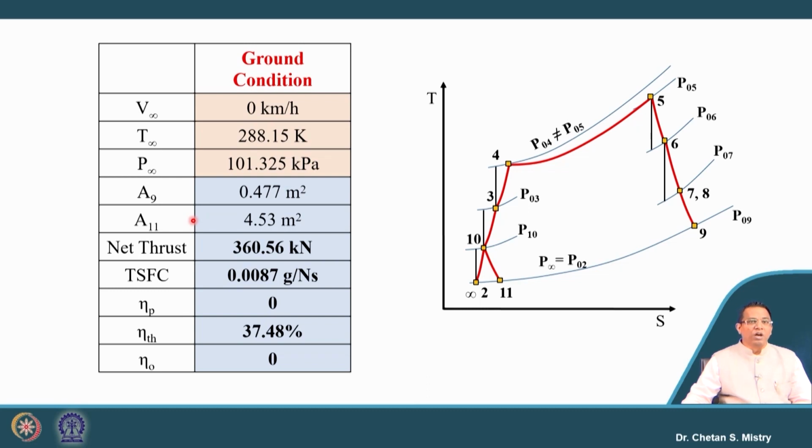We have done our calculation for the net thrust, which is 360.56 kilonewton. The thrust specific fuel consumption is 0.0087 gram per Newton second. Our propulsive efficiency is going to 0 because my V infinity is 0, the thermal efficiency is coming to be 37.48%, and the overall efficiency is going to 0 here.